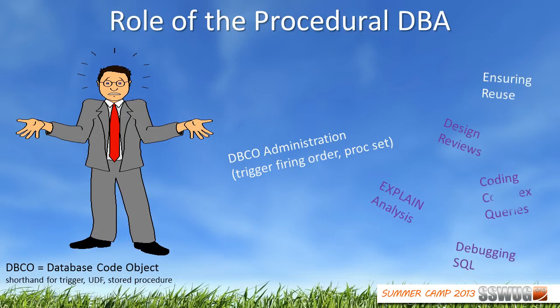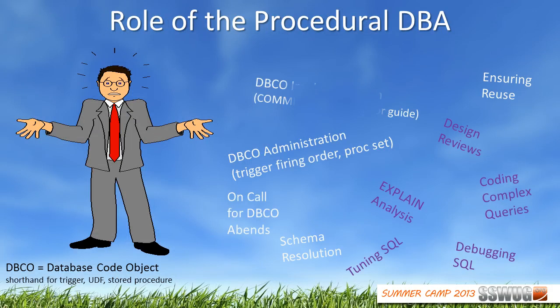Additionally, they need to take this database code object, this trigger, the stored procedure, this UDF, and do the things they've been doing with any other SQL, which is things like tuning, debugging, coding or assisting in coding, explains, and then augment it with these other areas here in white, resolution of the schema, trigger firing order, or some of the other things that I talked about.